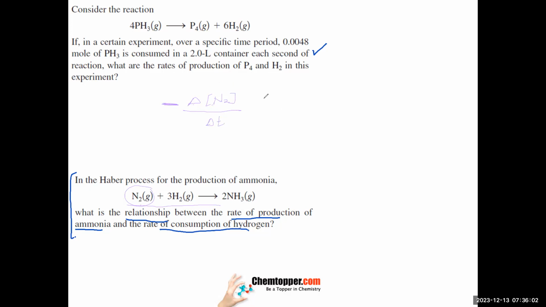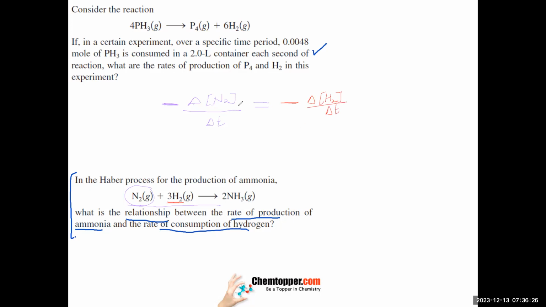Consumption because it's the reactant, is equal to, yes, upon H2. What is it? It's also the reactant. It is also being consumed, disappearing. So put a negative. Negative means disappearing, delta H2 over delta T.